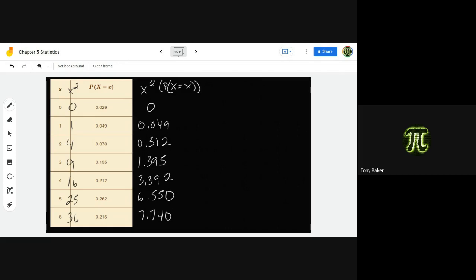You just have to remember what your answer should look like. I knew my answer was going to have 3 decimal places, so if I multiplied 1 times 49, I know it's going to be 0.049. And the ones that came out to be 4 digits, I knew one of those numbers was going to be in front of the decimal point.